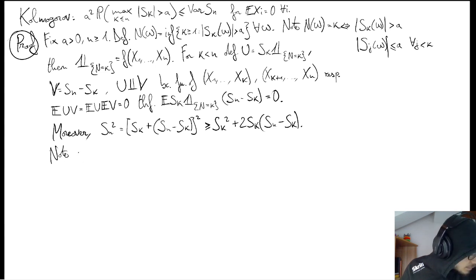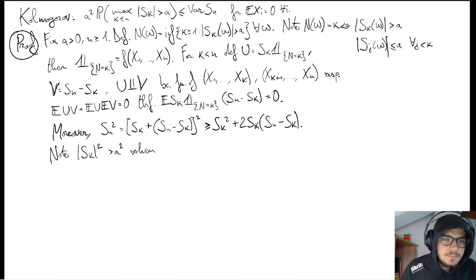Note that the absolute value of Sk squared is greater than a squared when this thing here holds.